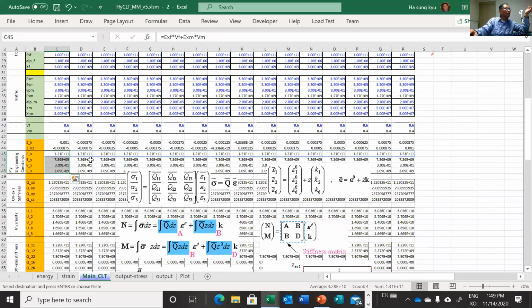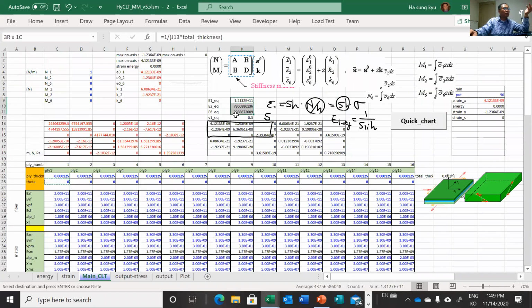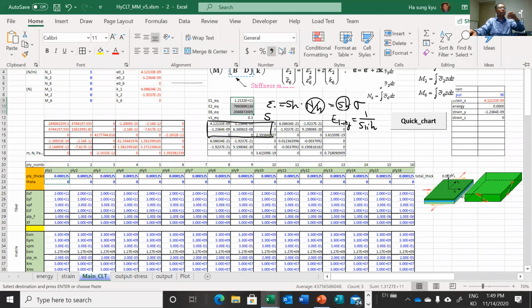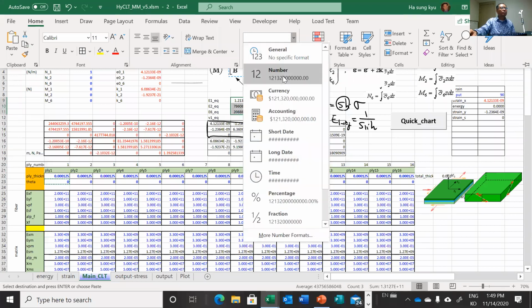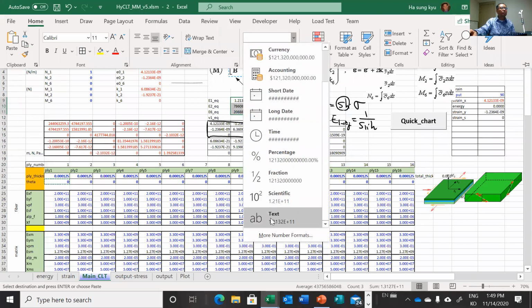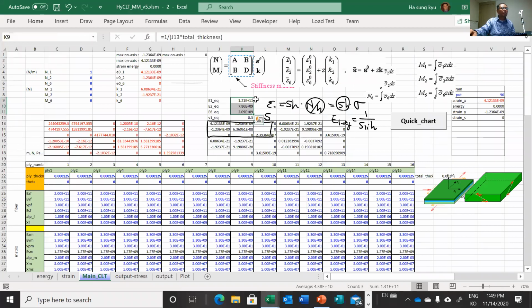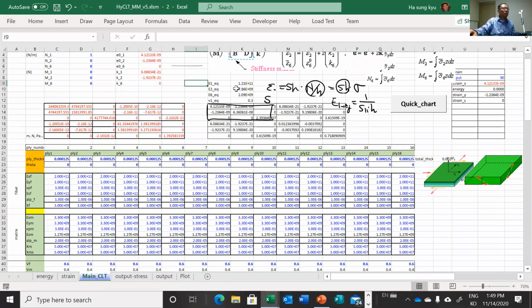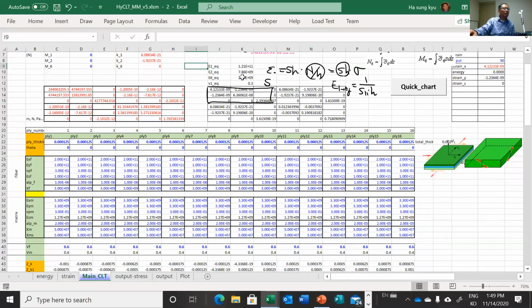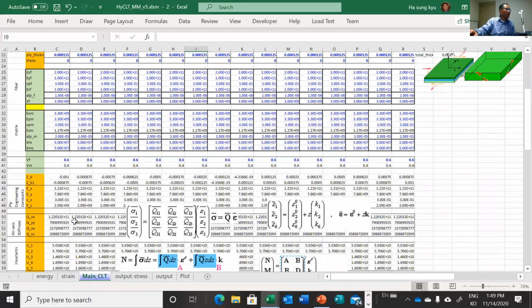So as you can see, they are identical numbers: 121 gigapascal and 7.8 gigapascal, exactly the same as this material.